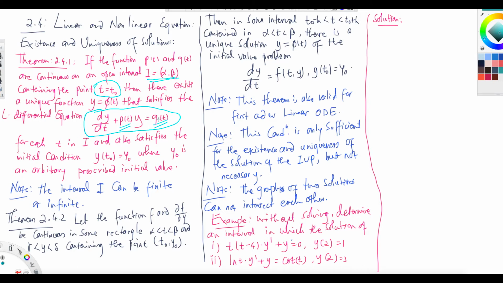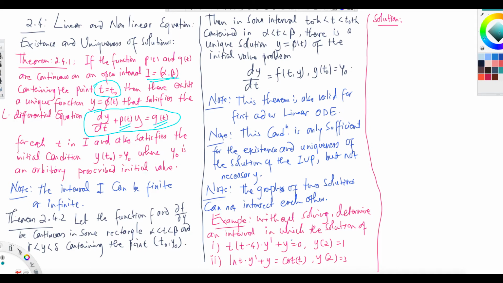So the functions p(t) and q(t) must be continuous in that interval, and that interval also must contain t equals t0. Then in that case there exists a solution, a function phi(t), that satisfies this differential equation. This is for the first order linear differential equation.